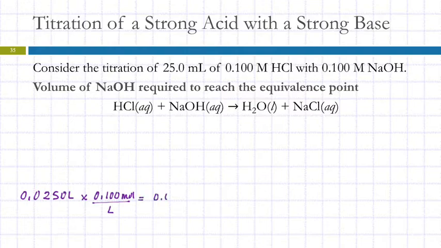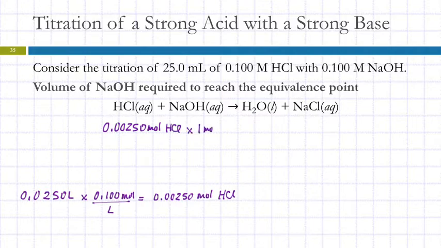So 0.00250 moles of HCl. 25 milliliters of 0.1 molar. At the equivalence point, how many moles of sodium hydroxide should we have? Well, this is moles of HCl, and we need 1 mole of sodium hydroxide per every 1 mole of HCl.